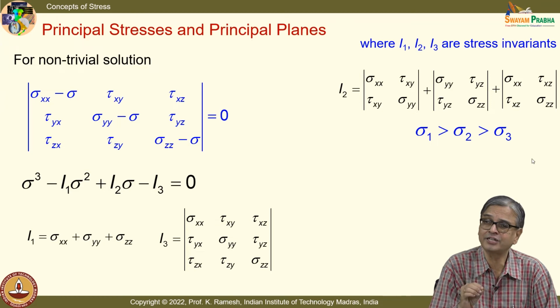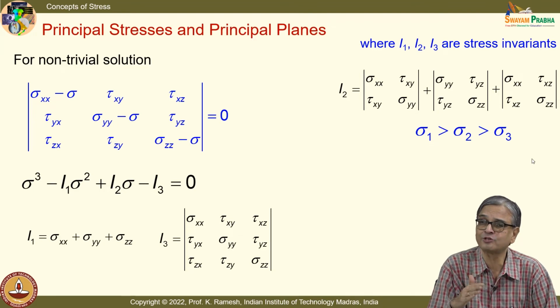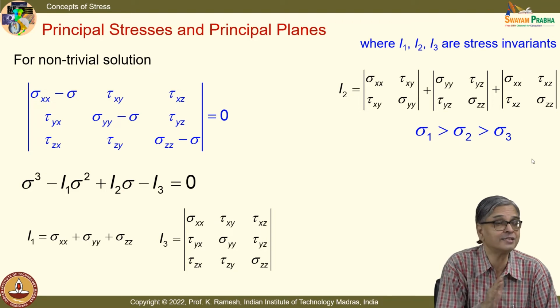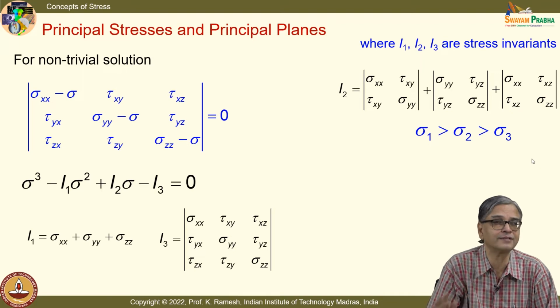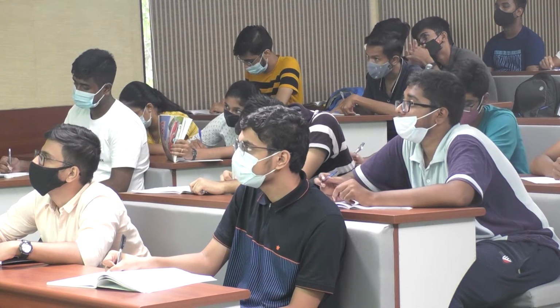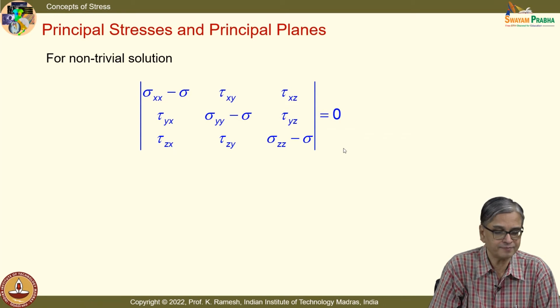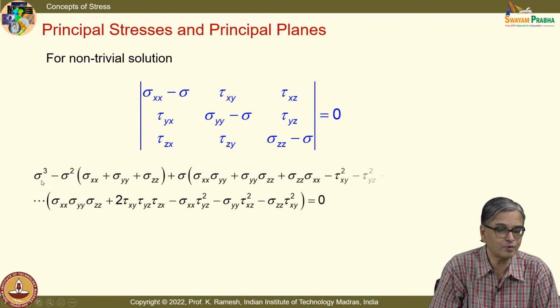There is a convention in how to label sigma 1, sigma 2, sigma 3. It is not that arbitrarily whatever roots you get, you label them sigma 1, sigma 2, sigma 3. You have to arrange them in an algebraic manner, and only then label them as sigma 1, sigma 2, sigma 3. Is the idea clear? So, when I look at this expression, please verify with your computations. I have sigma cube minus sigma square times (sigma x plus sigma y plus sigma z), and I2 is obtained like this.